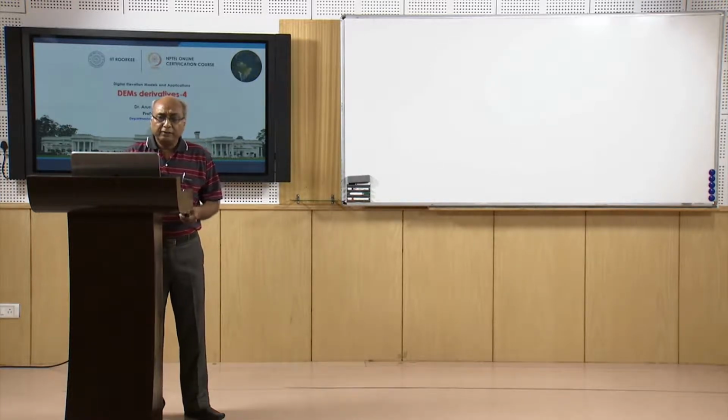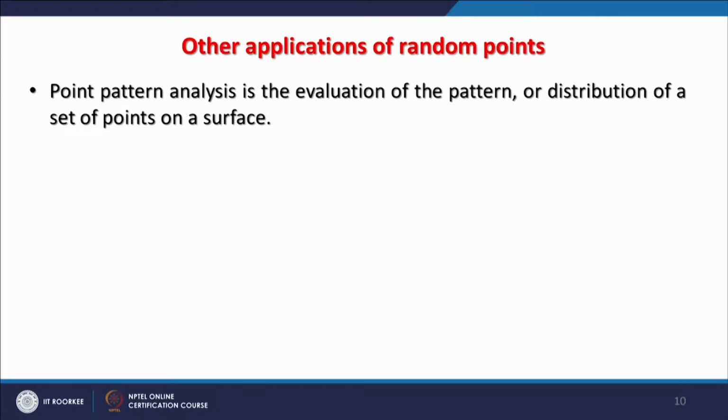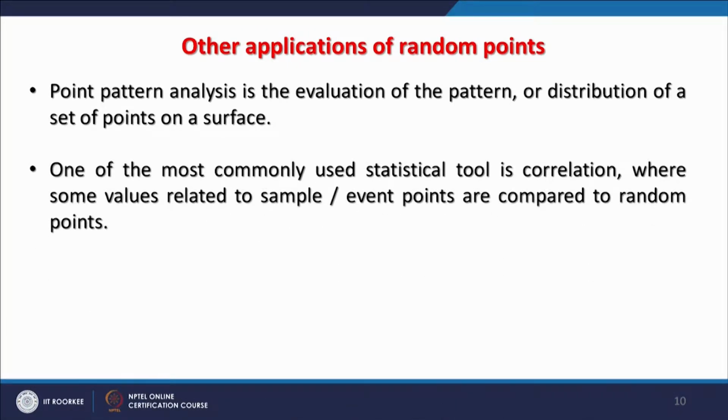There are also some other applications where we can exploit these random points, like point pattern analysis, which can be evaluated to see how these points are distributed, for comparing with other distributions of points.